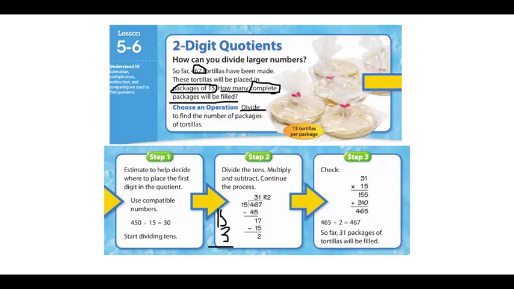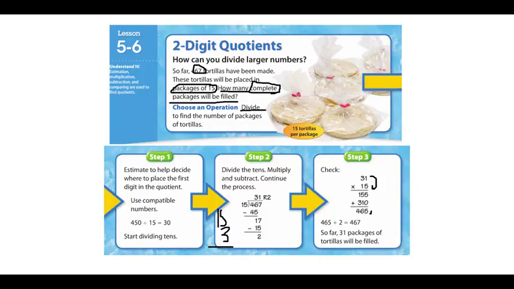Looking at step 3, to check, we do 31 times the divisor. You have to do your two-digit by two-digit multiplication.